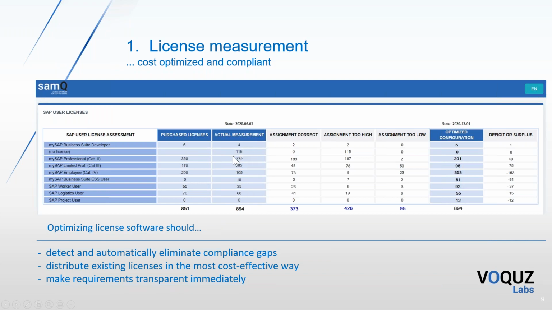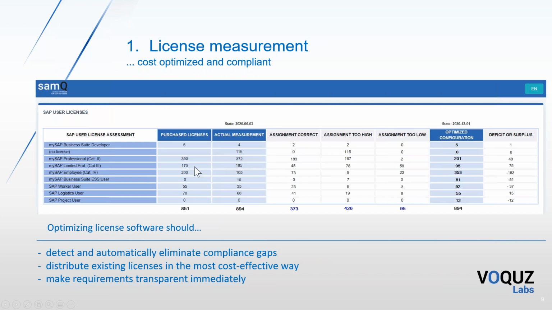The tools analyze what users are doing, the transactions that they are executing, how often they execute something, whether they at all log into the system, whether they have multiple logons and more than one person is using the logon data, which should not be the case, but it happens on occasion. And this measurement should show in any situation which licenses you have, and which persons to which you have assigned a license are correctly assigned.